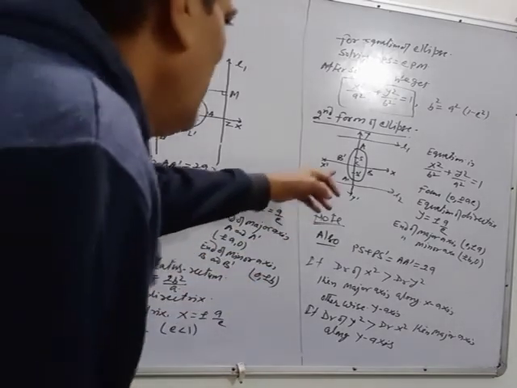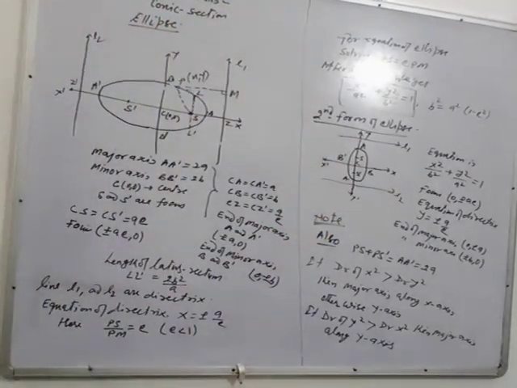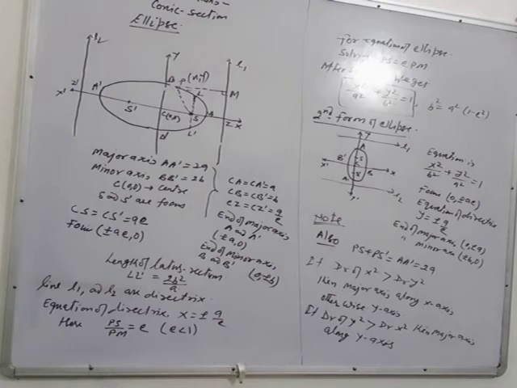You can see in this figure, the major axis is along the y-axis and the minor axis BB dash along the x-axis. In this form you interchange a and b: x square by b square plus y square by a square.